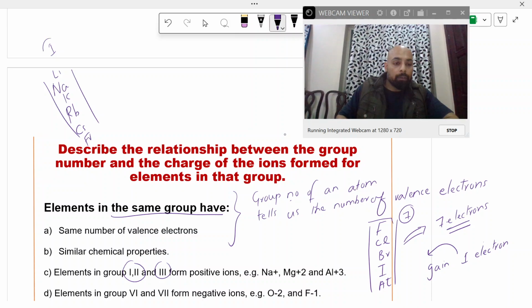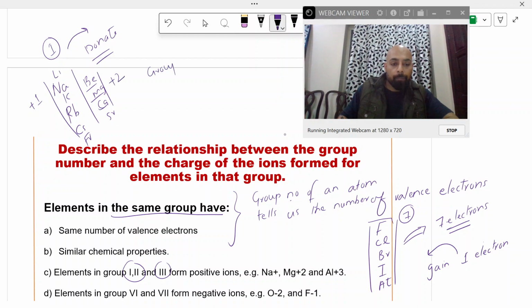How will it become stable? It will donate 1 electron, and then it gets a +1 charge. Group 2: beryllium, magnesium, calcium, strontium, all of these will have a charge of +2.